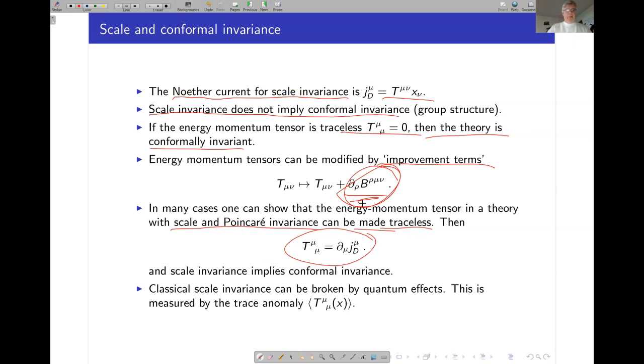And finally, even if we have classical scale or classical conformal invariance, this can be broken by quantum effects. And the measurement device for this is the so-called trace anomaly, which is the expectation value of the trace of the energy momentum tensor. Even if classically the energy momentum tensor is traceless and the dilatation current is conserved, it can happen that in the quantum theory, there's an anomaly which makes this trace non-zero.